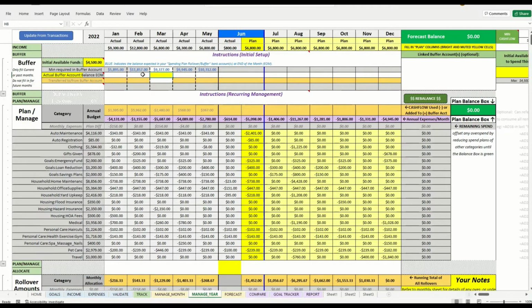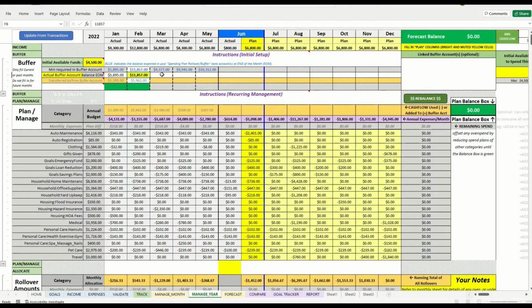The reconciling is an important part of the process, though, because that makes sure that indeed you're working off of real data, that basically your real bank data matches what is being computed here, just to make sure that there's something that didn't get missed in your recording of transactions. Okay, so let's assume here that I did my reconciliation on all my months and everything's looking good.